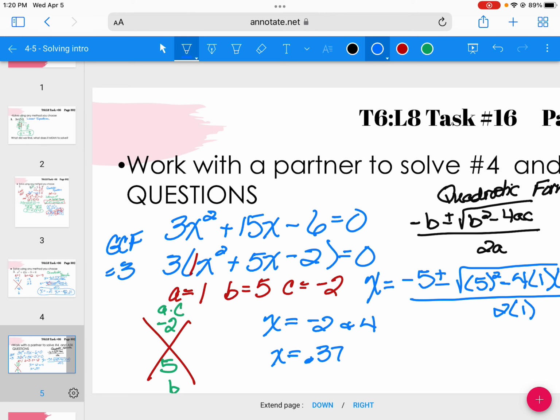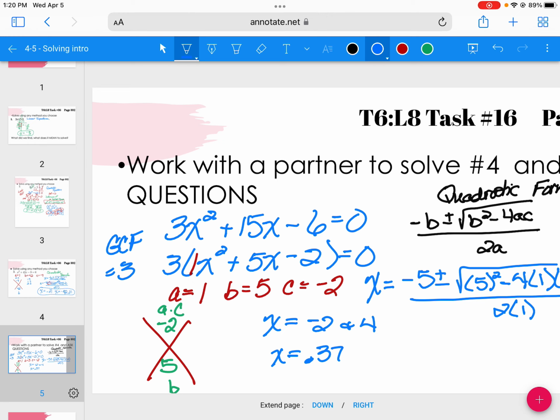4 times 1 times -2. Let me hit enter and see what this comes up with. Oh, I did get 0.37 there. That is not what I had for the first time though. 5 squared minus, let's see, can I go up?